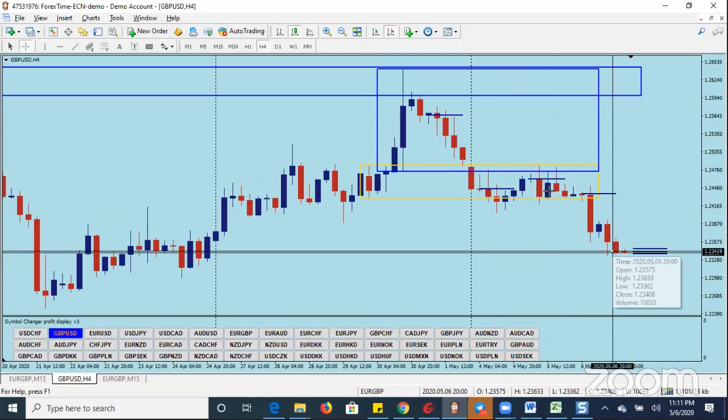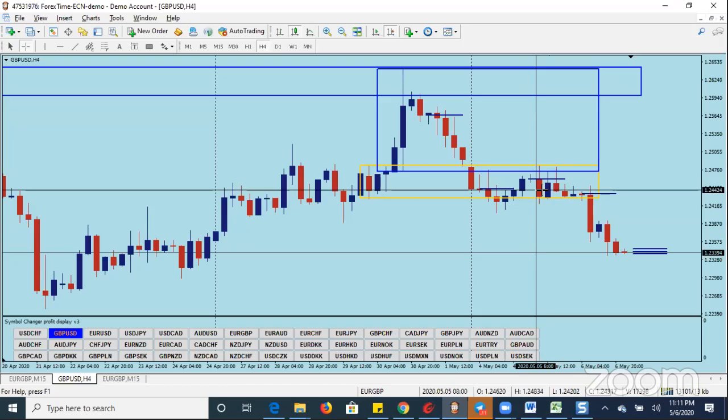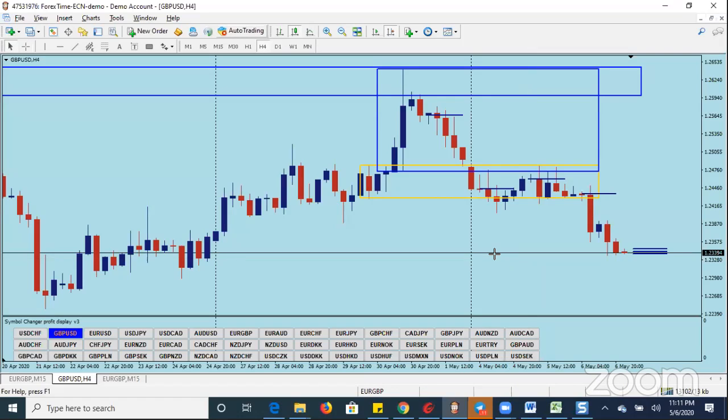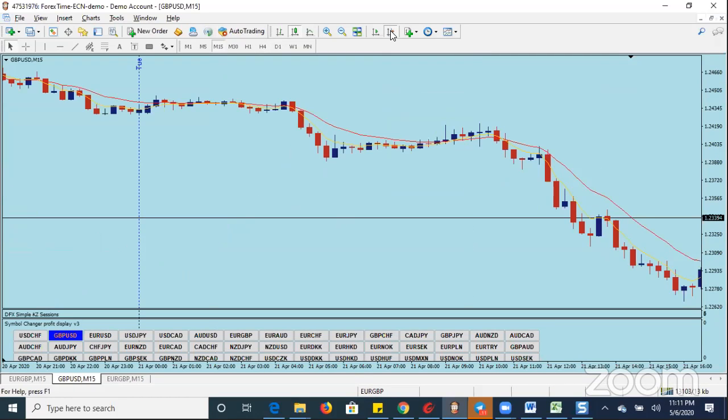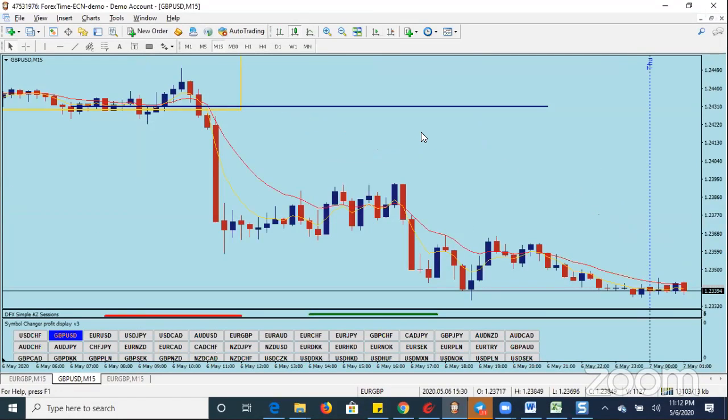So let's go down to the 5th and see how we would have taken our trade on the 5th. Now the 5th happens to be yesterday into today, 15 minutes on the 5th.